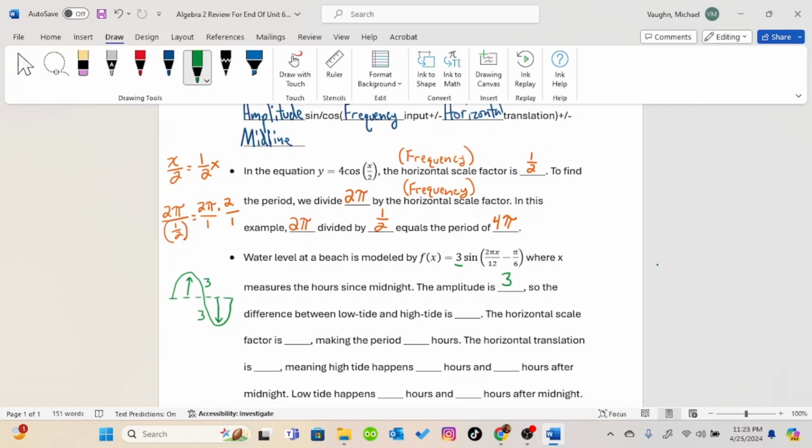So if I wanted from the bottom to the top, that is going to be 6.